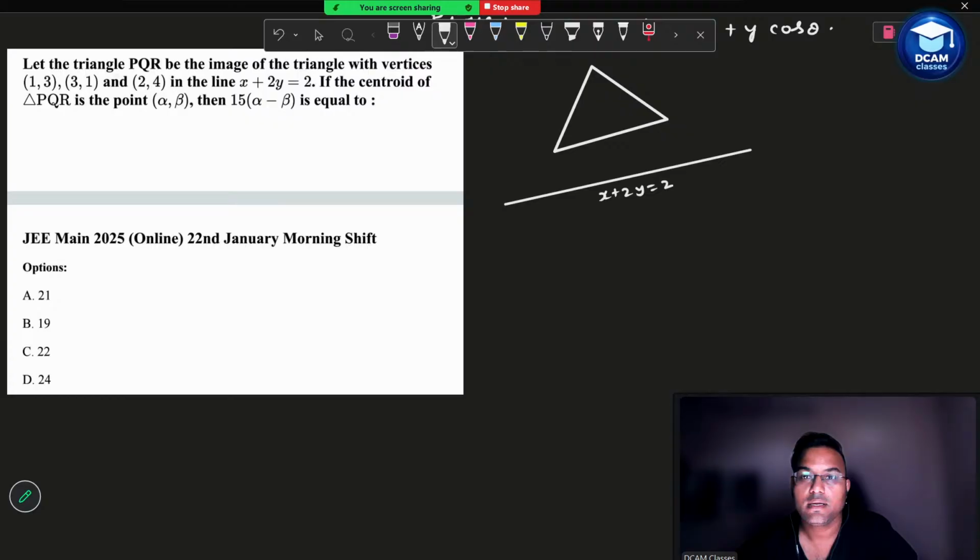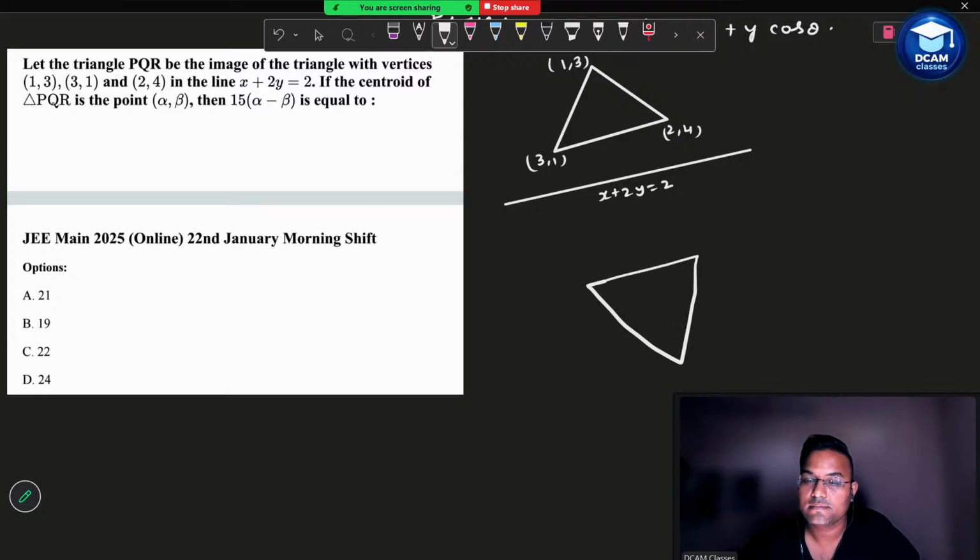And they have vertices 1, 3, 3, 1, and 2, 4. The triangle that they are asking is the image of the triangle with these vertices in the line. That means you have this triangle. This is P, Q, R.